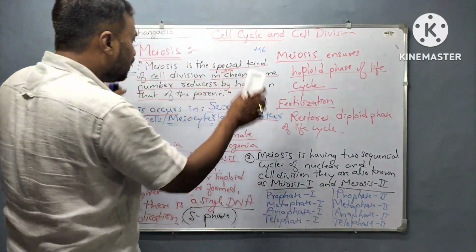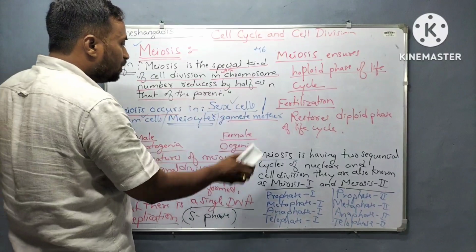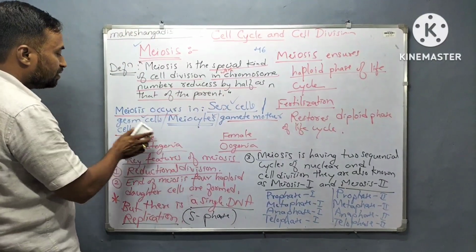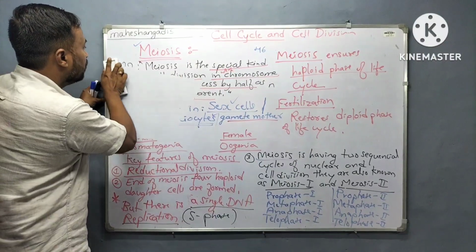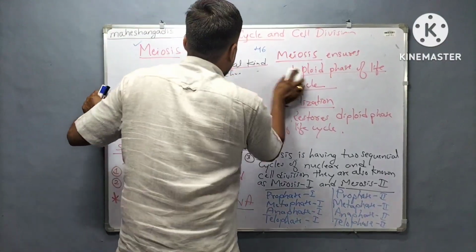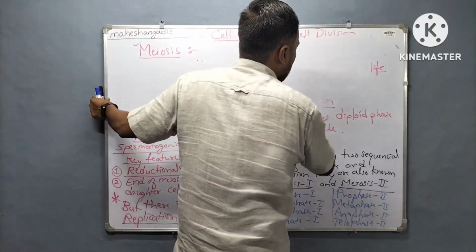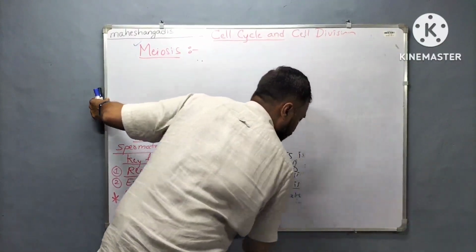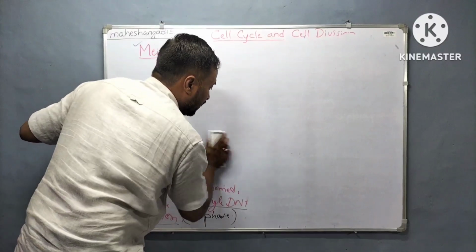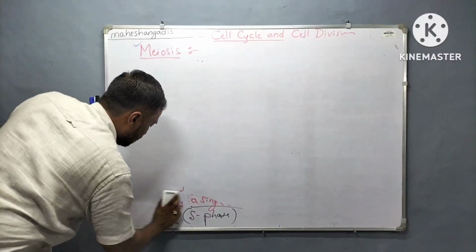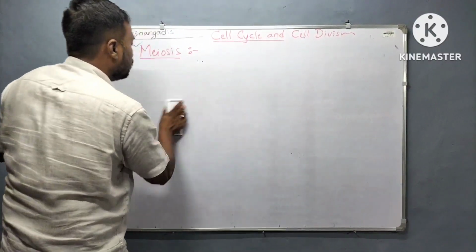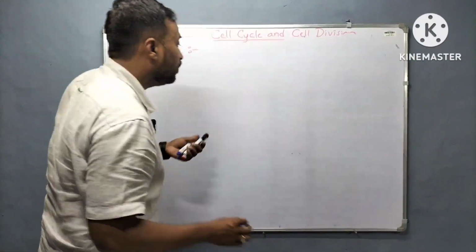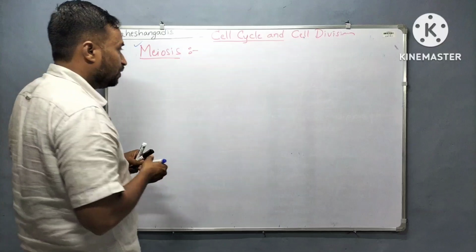Okay, let me represent all these things in a particular life cycle so that we can understand meiosis better. Right now I am going to draw a life cycle which is the same as mitosis, but there are some slight changes. Let's see what those slight changes are and how the life cycle of meiosis looks.